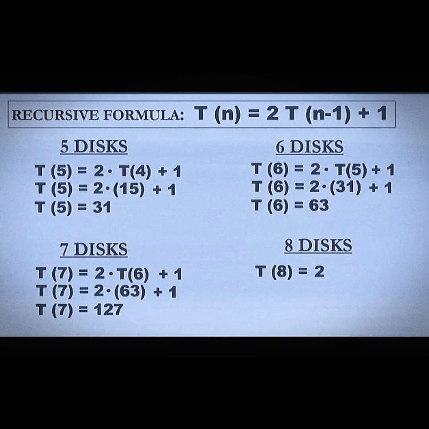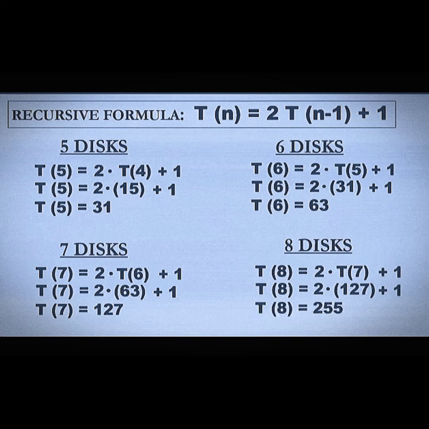Then with 8 discs, we have t of 8 is equal to 2 multiplied by t of 7 plus 1. Then 2 multiplied by 127 plus 1 is equal to 255 moves.